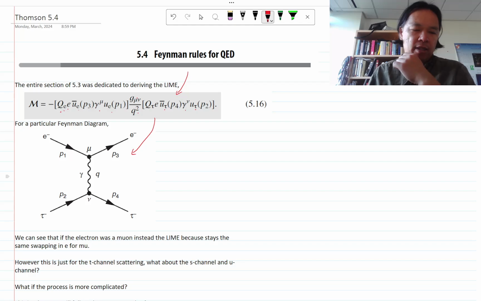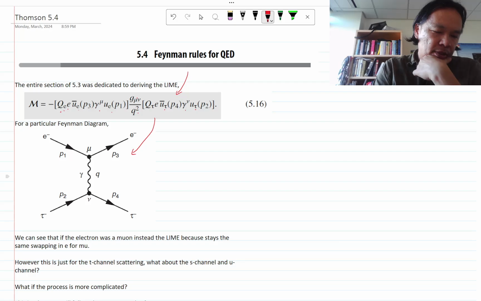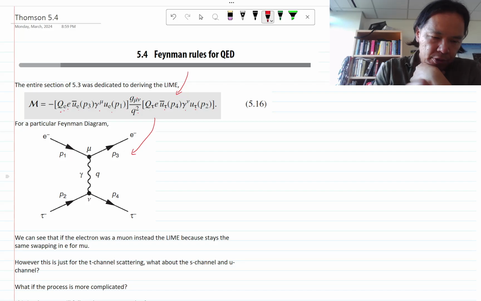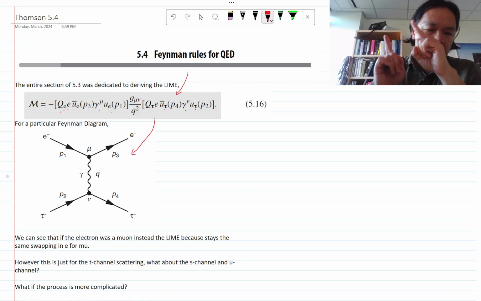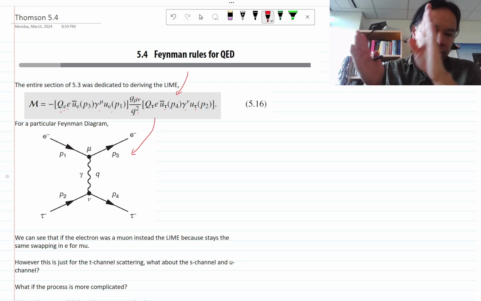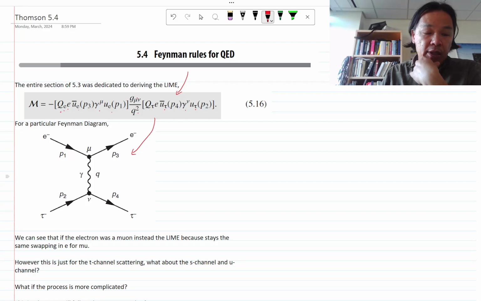Essentially, it doesn't even have to be a tau. I don't know why the book picked tau, but it can be a muon. But it cannot be an electron, because if it was an electron, then they are identical particles, and you cannot tell the difference between what came out of P3 and P4. So therefore, there would actually be an additional channel to this. That's why he picked a different particle at least.